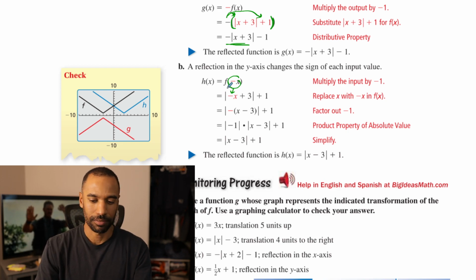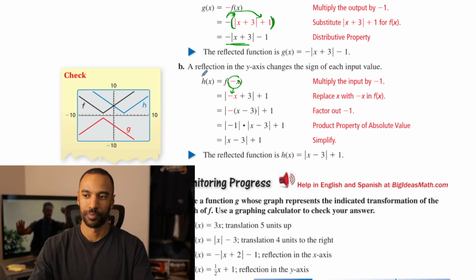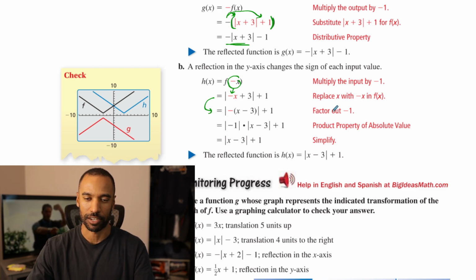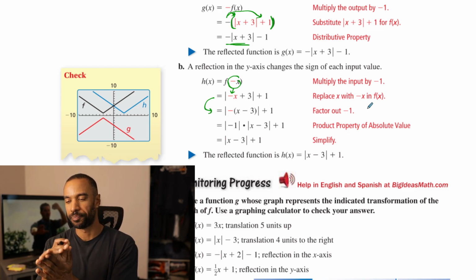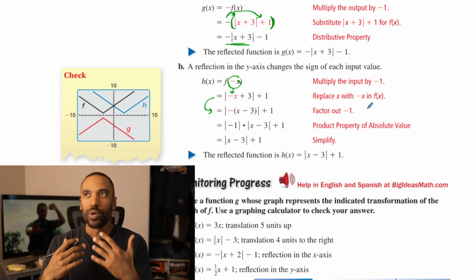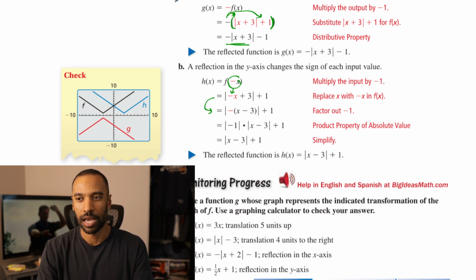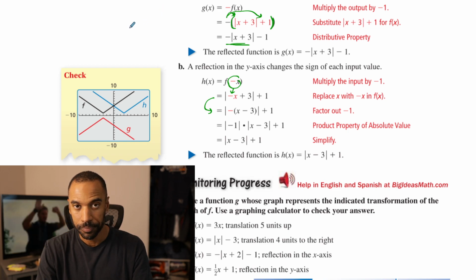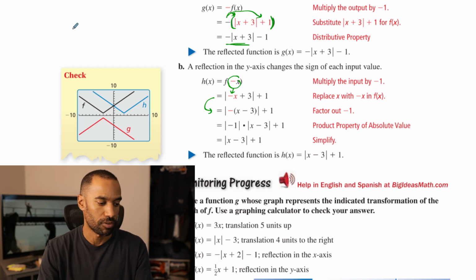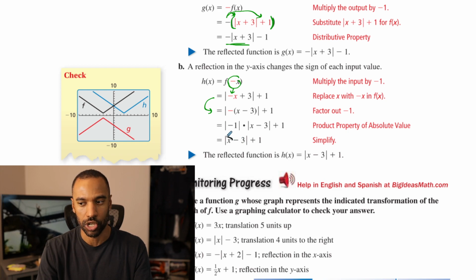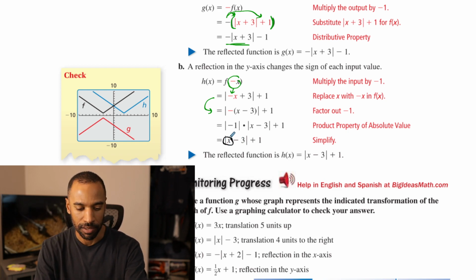The first thing they do from this step to this step is they factor, it says right here, they factor out negative 1. The reason behind this for you is probably unclear, but when it comes to something known as vertex form for an absolute value function, you want this to just show an x. You don't want it to say negative x.